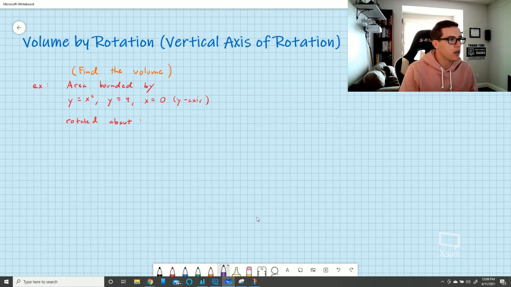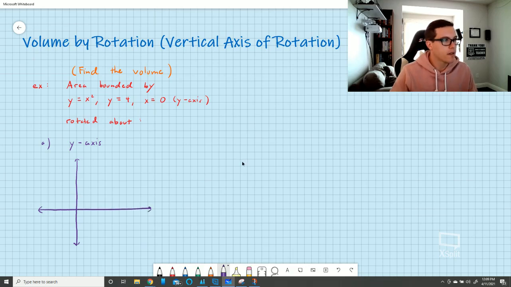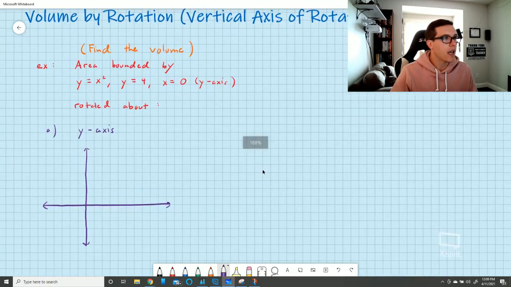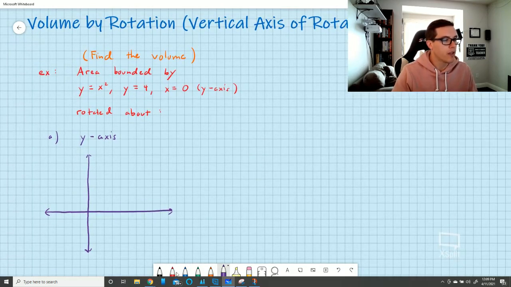All right, so part A, let's rotate about, in this case to start, the y-axis. So step 1, sorry, sometimes I have step 0s, but this is a step 1. Step 1 from last time was to graph and find the bounds, and one other thing that I'm going to add. So y equals 4 is here, y equals x squared looks like this, and the y-axis is here.